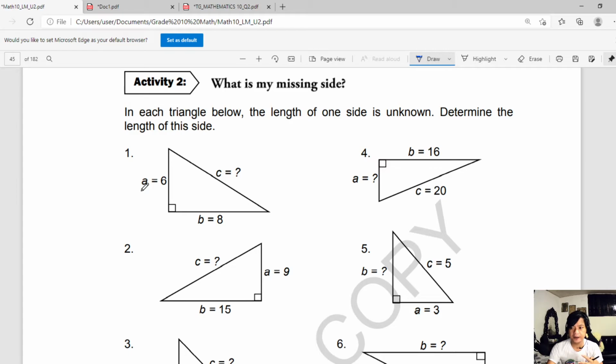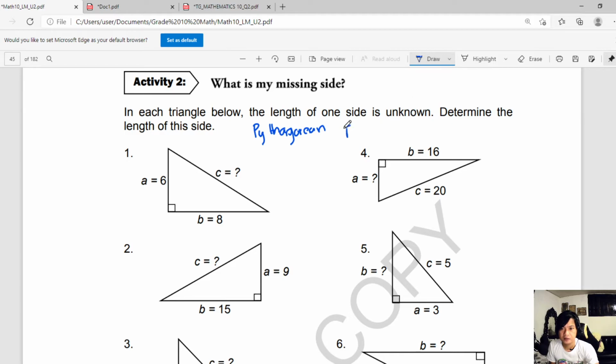For those who are not yet familiar, in dealing with this, we're going to use the Pythagorean theorem, the formula formulated by Pythagoras. Pythagoras said in the Pythagorean theorem that the sum of the squares of the two sides of a right triangle is equal to the square of its hypotenuse.